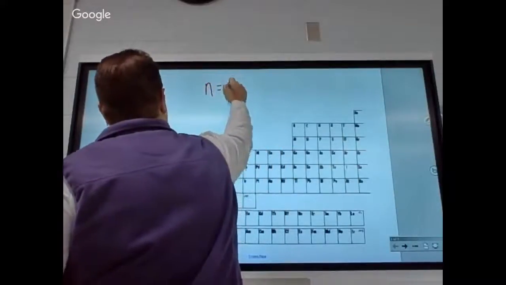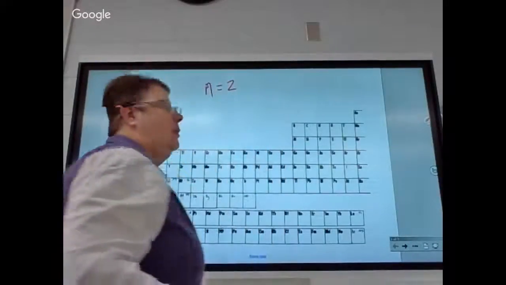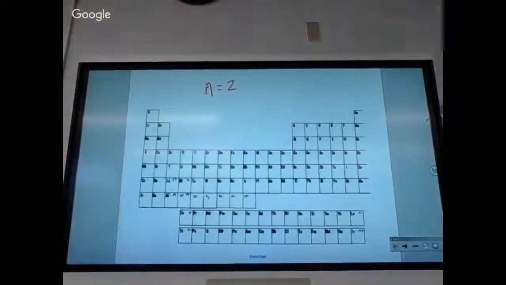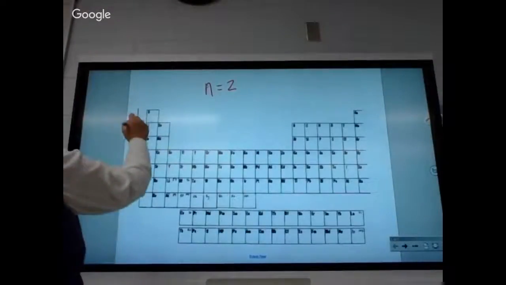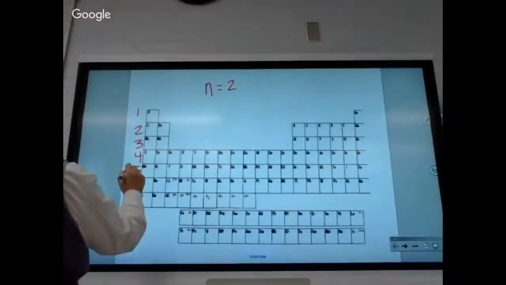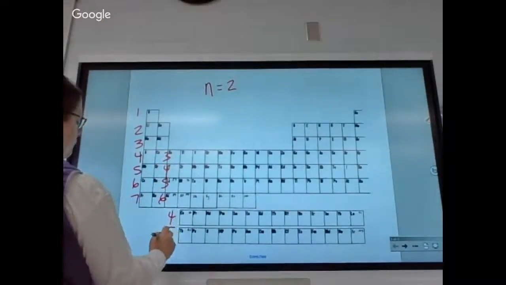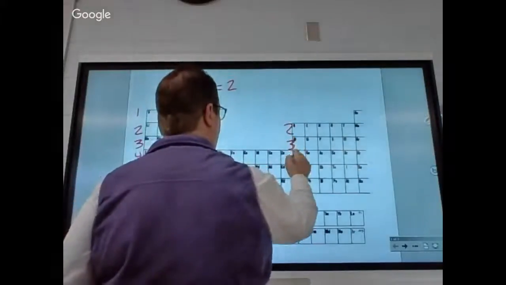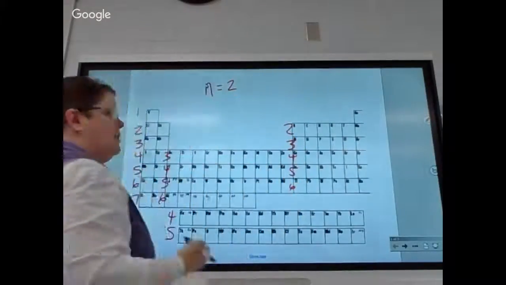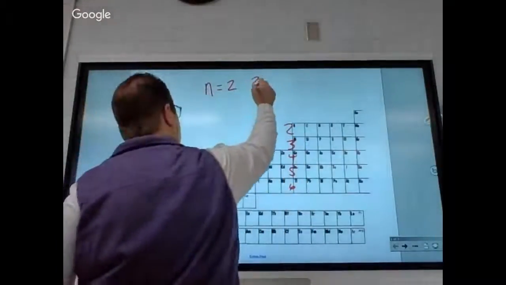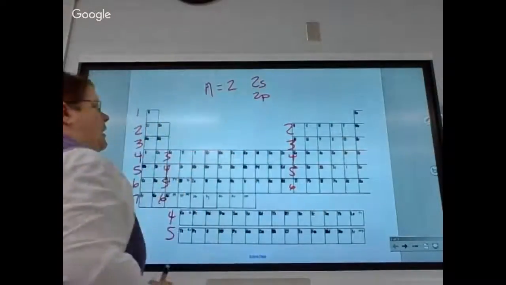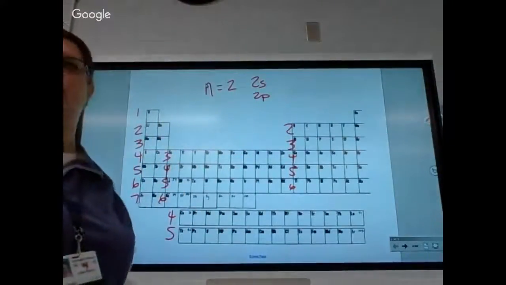When it says second main energy level, that means n equals 2. Here's a shortcut for you. Now, most of us are saying things like 2s and 2p, right? Second energy level has 2 sublevels, 2s and 2p.